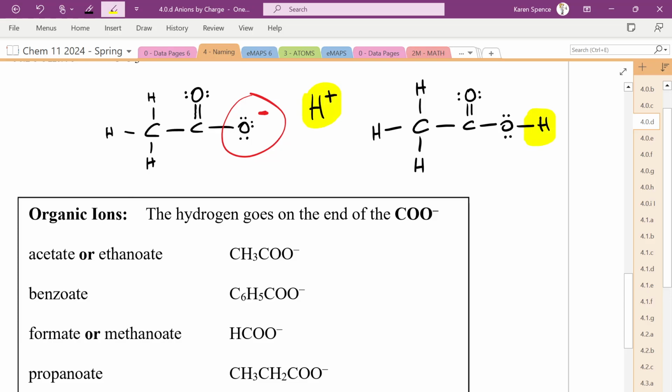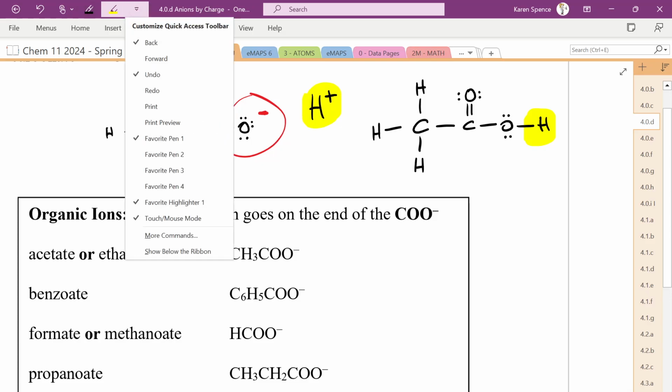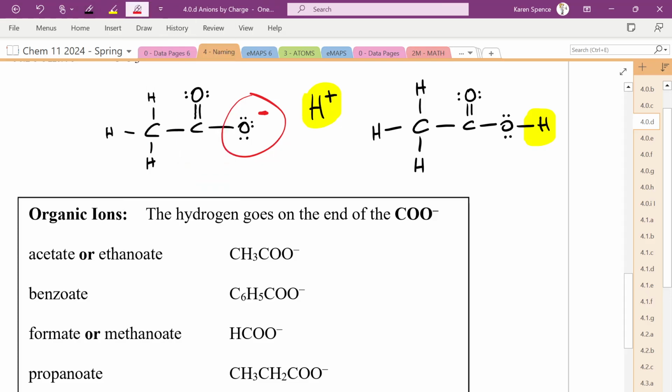This is the one we call the acidic hydrogen. These ones here are not acidic hydrogens.